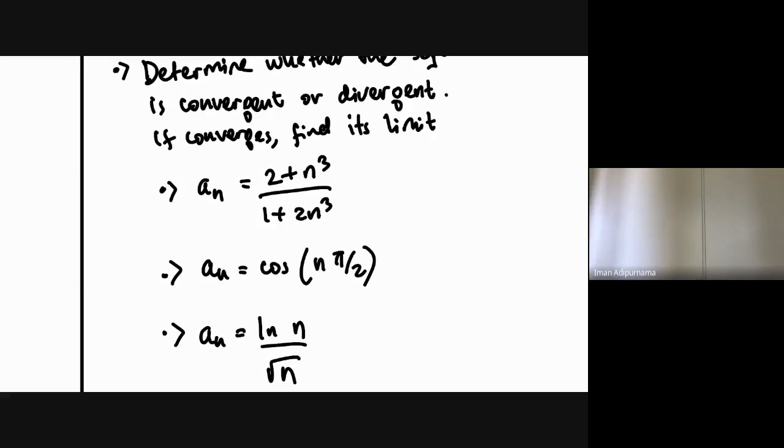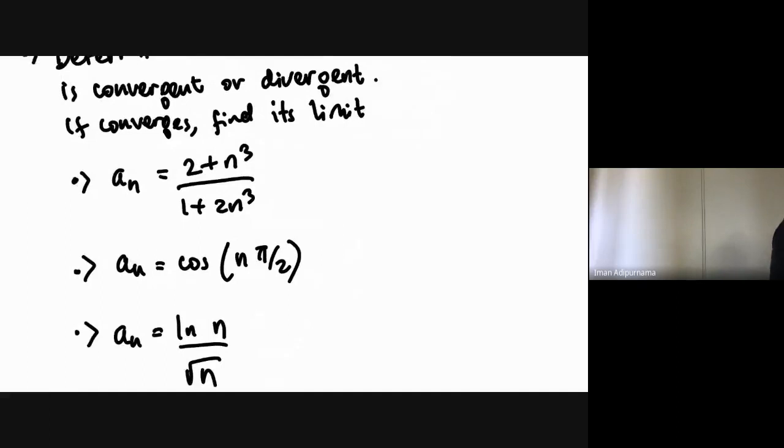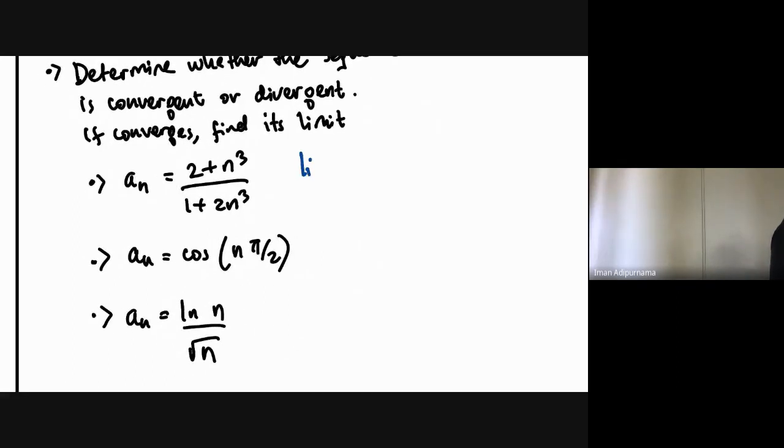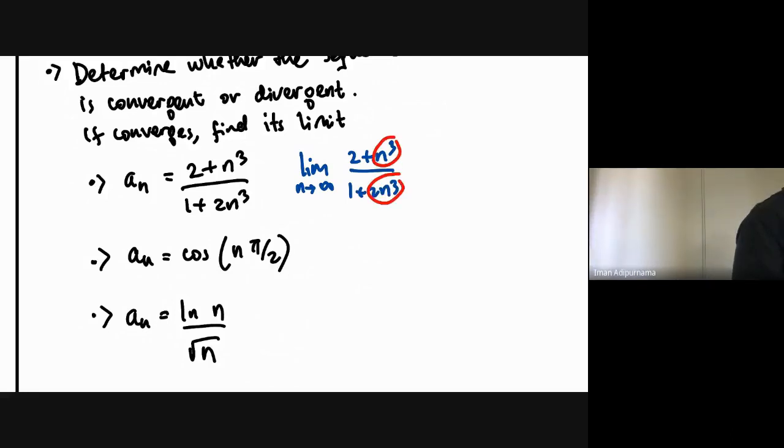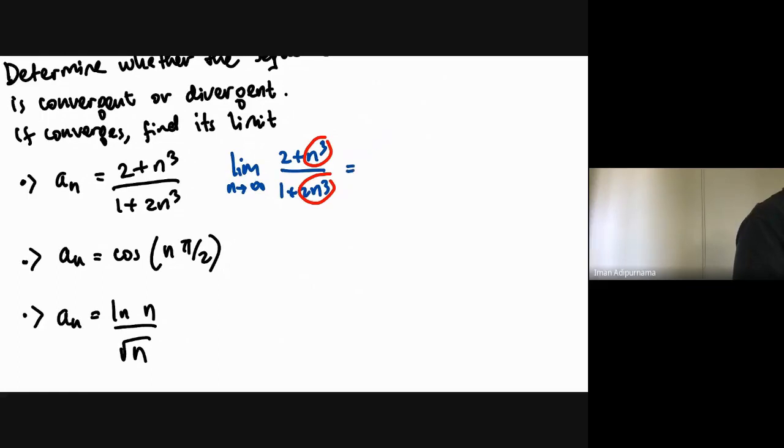So the first one, I think it's not too difficult. You just need to take the limit as n approaches infinity. Because you already see both having n cubed, we can directly say this is going to be a half, right?